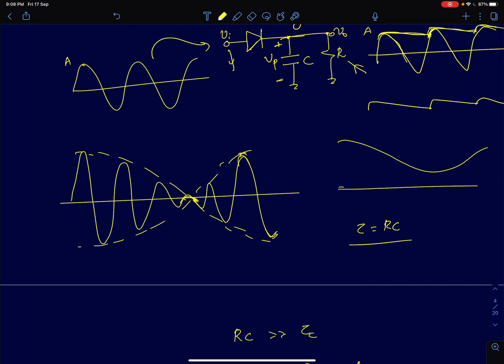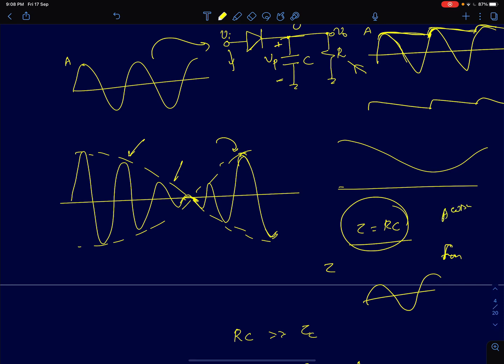So the time constant here should be lower than the speed with which your envelope, or the message signal, is changing. Let's assume your message signal is a pure sine wave of frequency fm. Then for a sinusoid, let's assume A cos or A sin omega t, differentiate the signal. The maximum rate of change of the signal is simply given by A upon fm. This is a very trivial result.